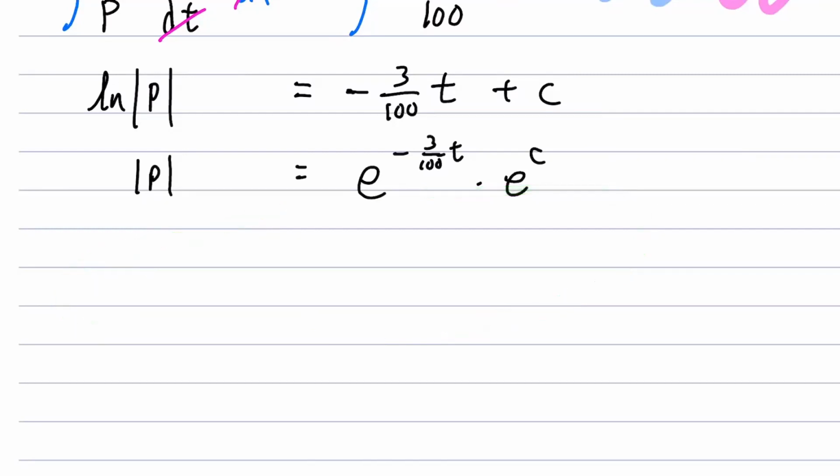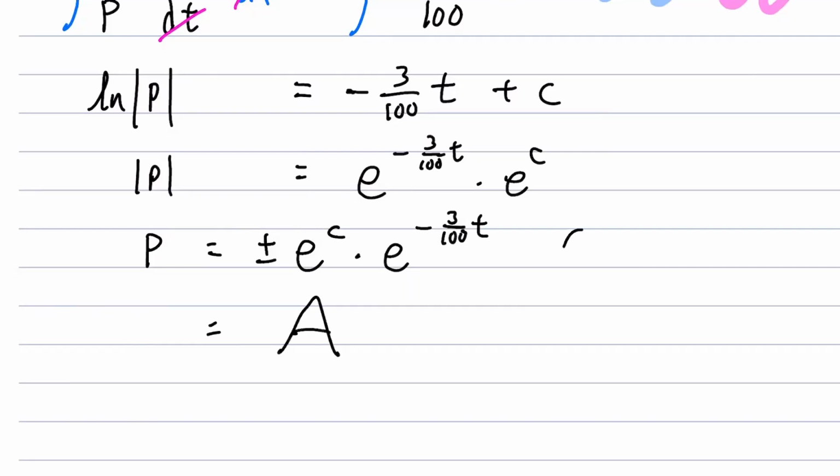P equals plus minus e^c times e^(-3/100 t). So let A equal plus minus e^c first. Good. So A times the rest. Yes? Okay, good.